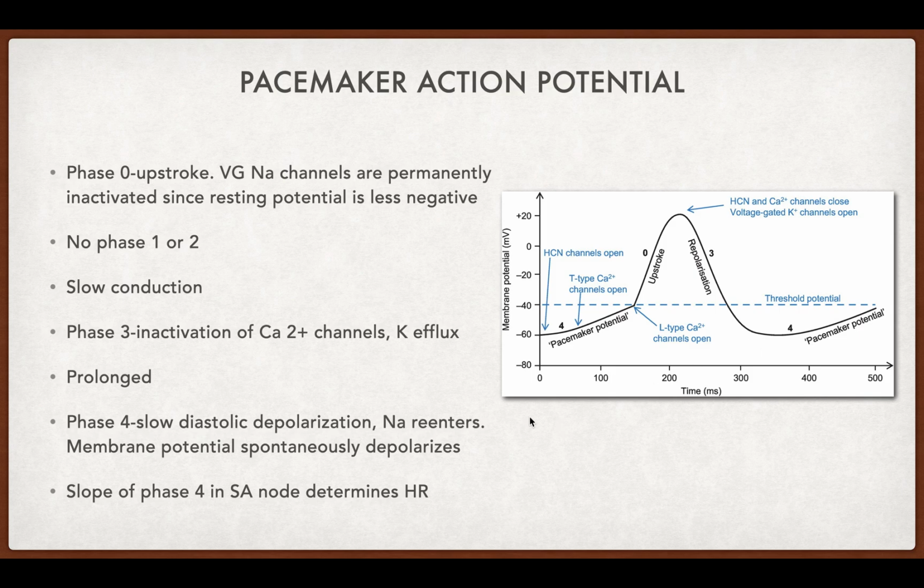And it's prolonged because the heart needs some time to relax to fill. So the slope of phase 4 is going to determine the heart rate, of course, because if this slope is sharper, the threshold potential is reached faster, and then another depolarization can happen sooner.